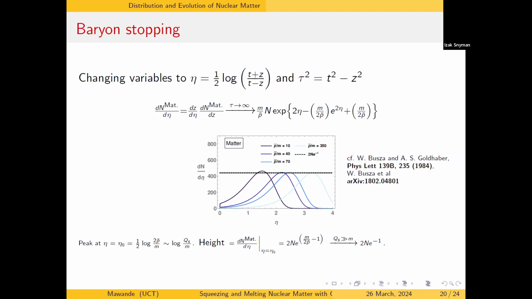I can interpret this shift as the slowing down of the baryons. So I can see that with increasing energy the baryons slow down. The blue and light blue curves over here correspond to something you find close to the LHC energies.